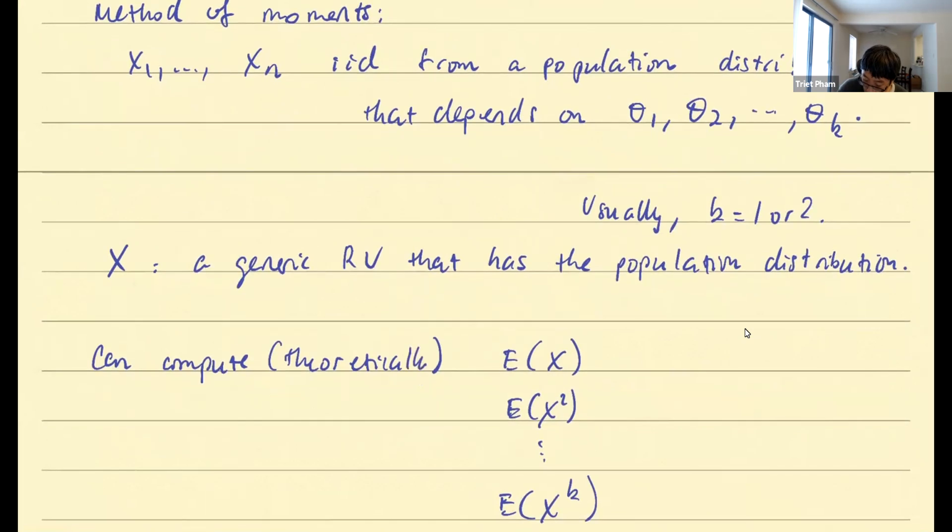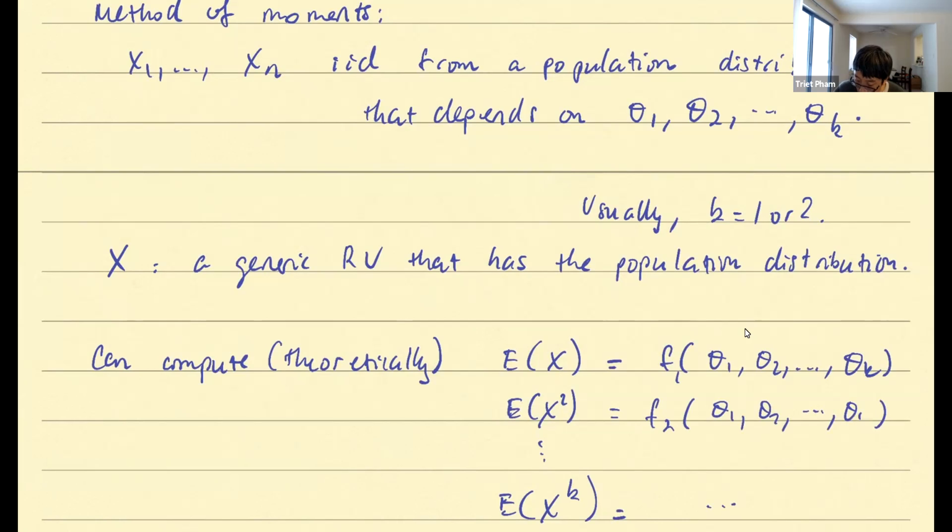Because my population distribution depends on these unknown parameters, these expectations will also be functions of these unknown parameters, etc.